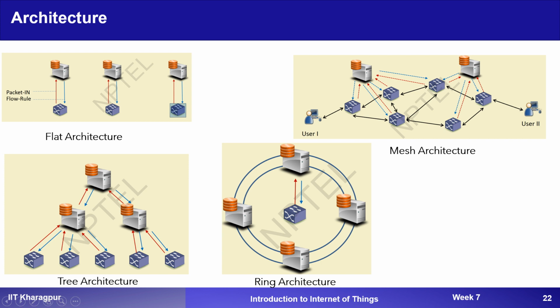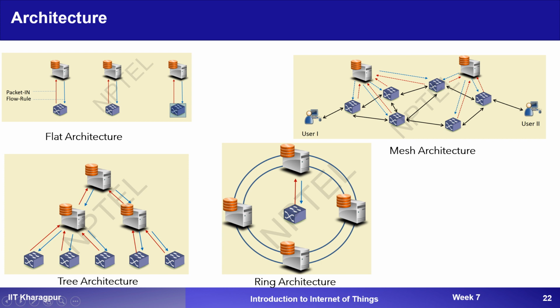And in case of your ring architecture, different controllers are present in order to handle the flow of one particular switch. Okay, and in the form of ring, for example, at first this controller is going to handle the flow of this particular switch. After that, this controller is going to handle, then this controller, then this controller.